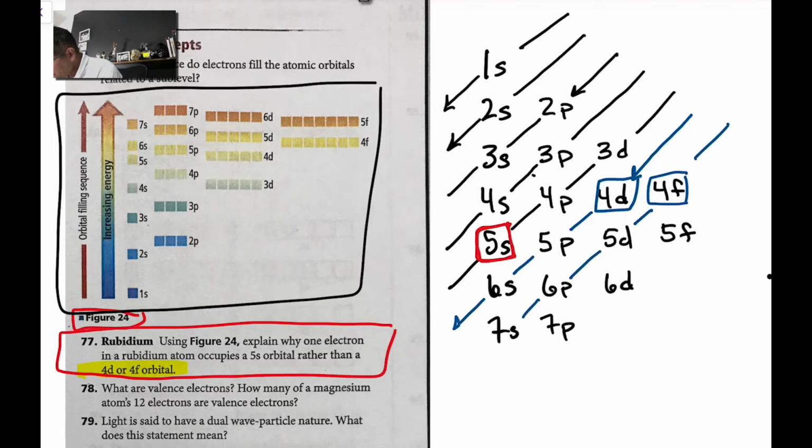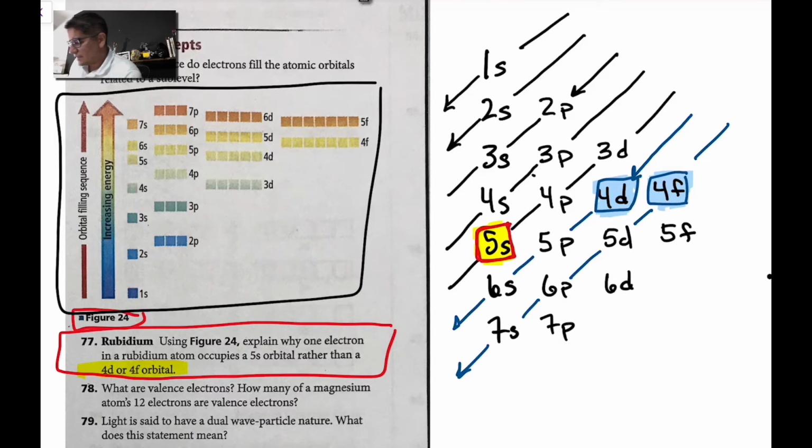So what that means essentially is that my 5s is at a lower energy state, I'll do it in blue, than my 4d or my 4f. 4f is at a higher energy state than 4d and 5s. That is why the electrons, as I put them in rooms, if you will, or orbitals, the 5s shows up first.